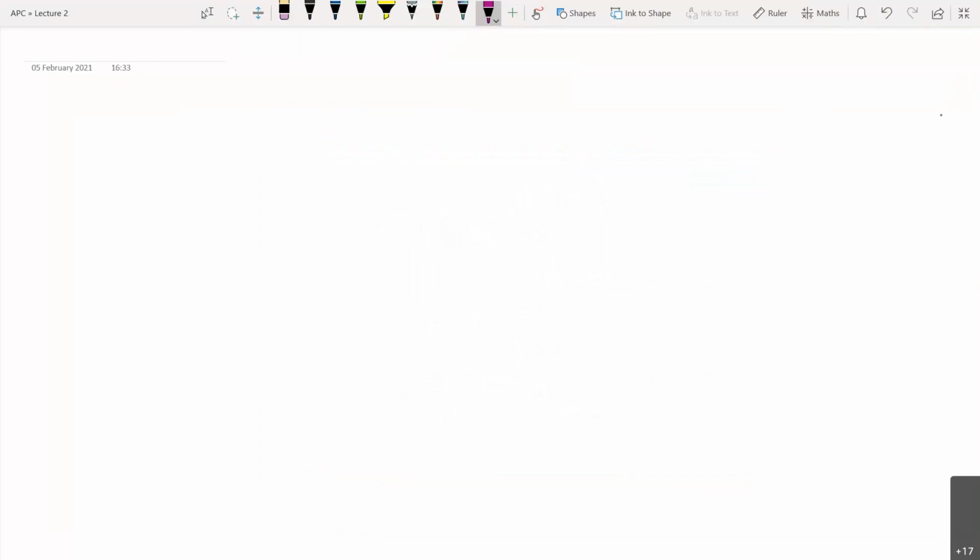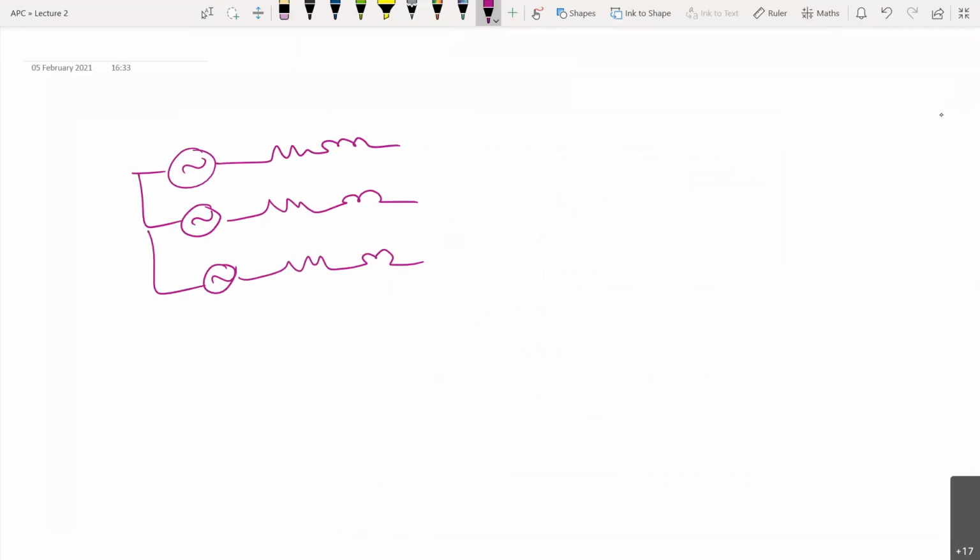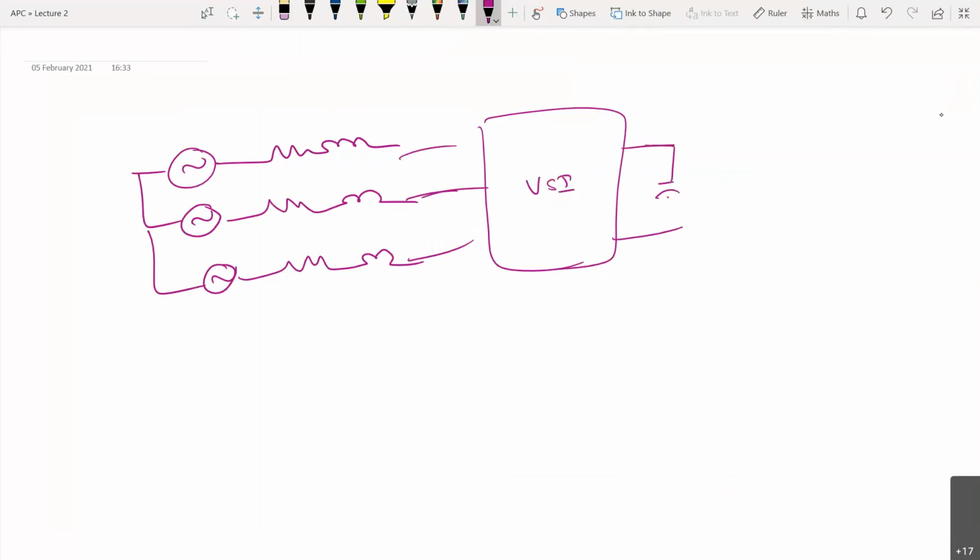You have these grid side voltages, which are given to a voltage source inverter, and you have this DC side, which is connected to a DC load, right?